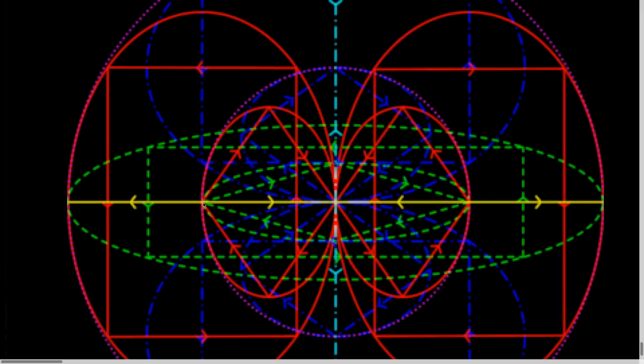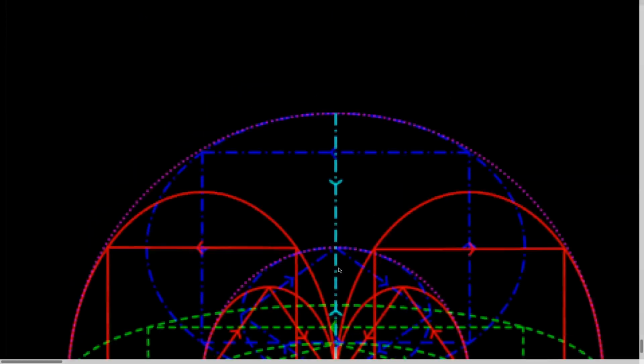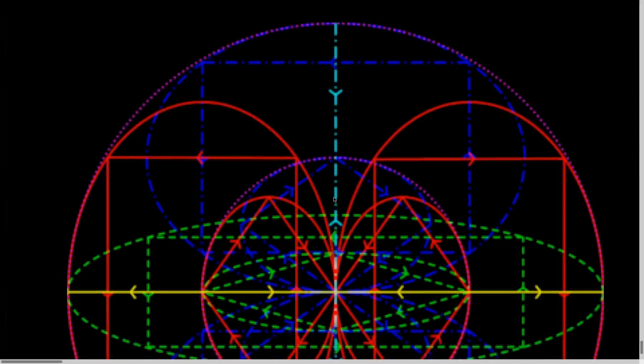So the yellow is in relation to the magnetic field going inwards and outwards, and the cyan is related to the dielectric field going outwards from the inward side and inwards from the outside.